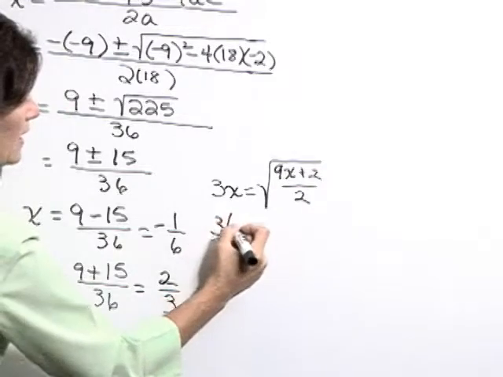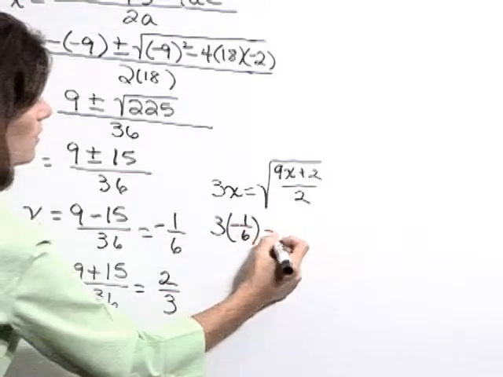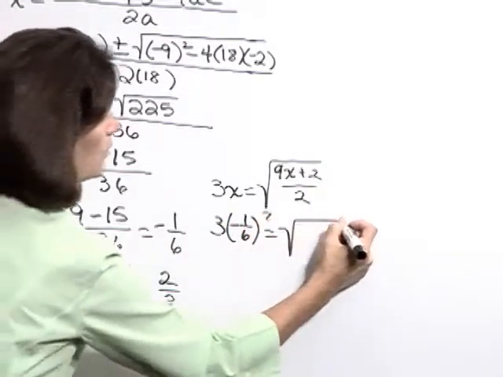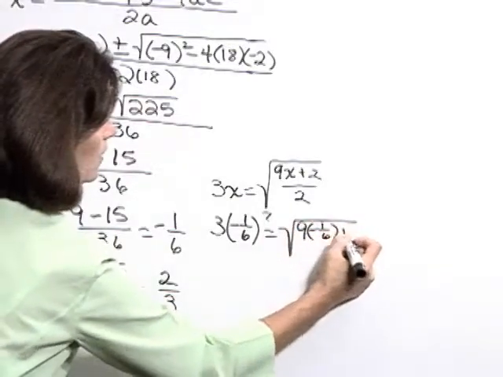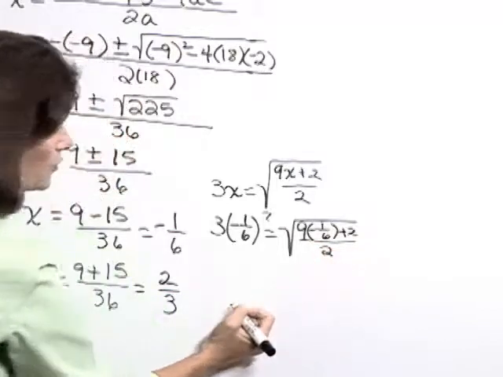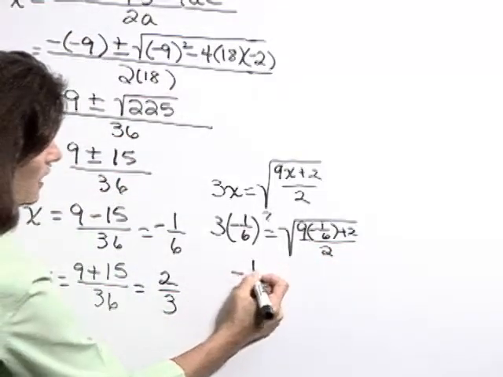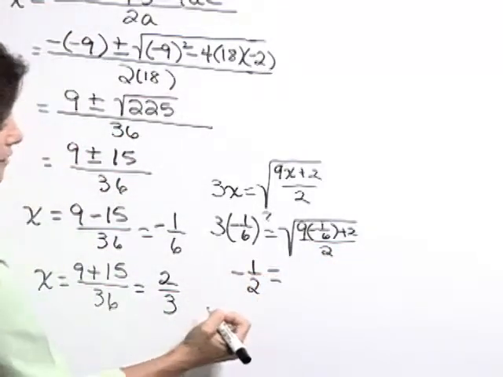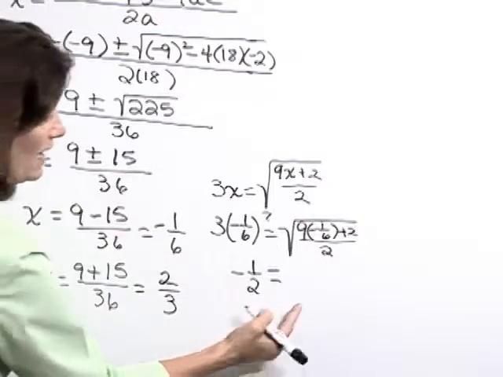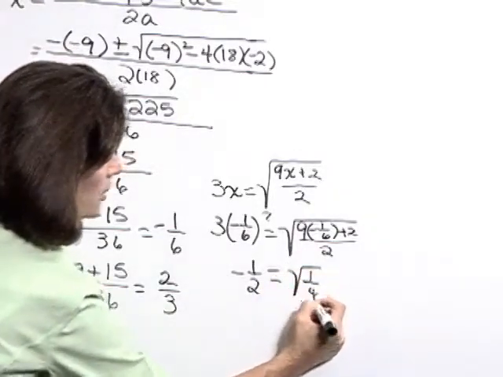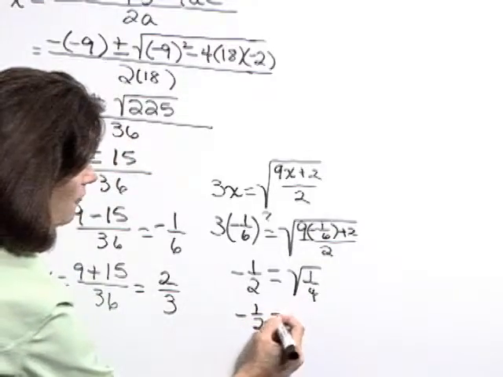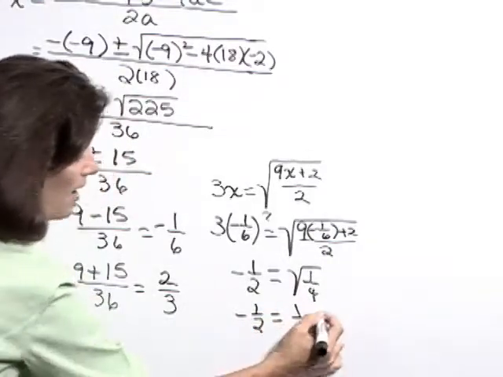So is 3 times negative 1/6 equal to the square root of (9 times negative 1/6 plus 2) over 2? On the left, that's negative 1/2. On the right, underneath our radical, we're going to get 1/4. So is negative 1/2 equal to a positive 1/2?